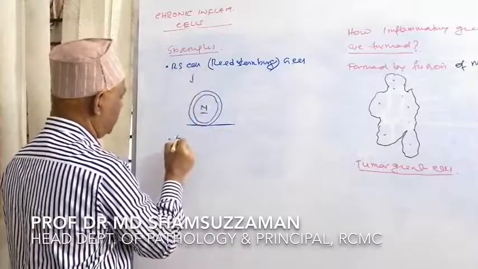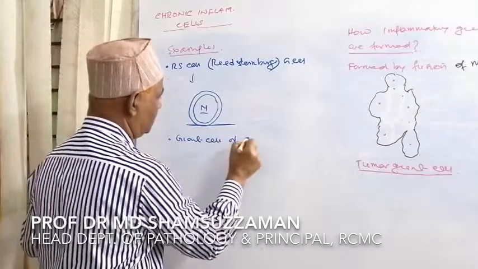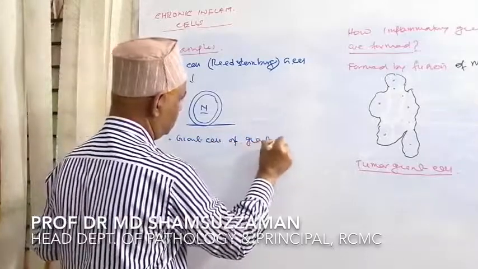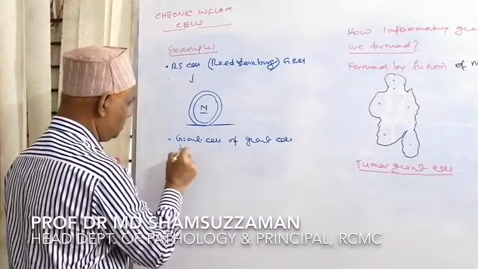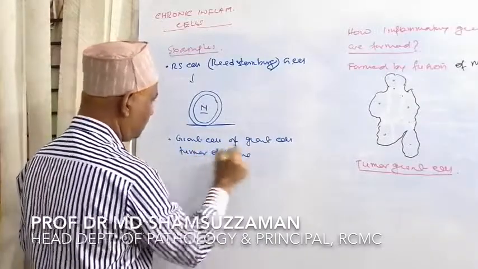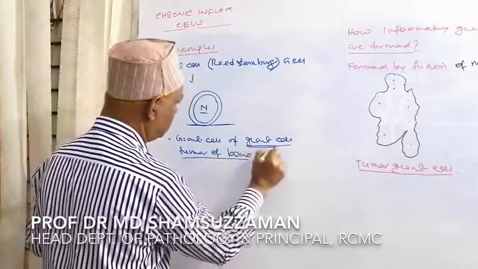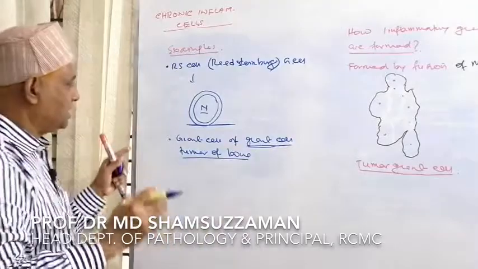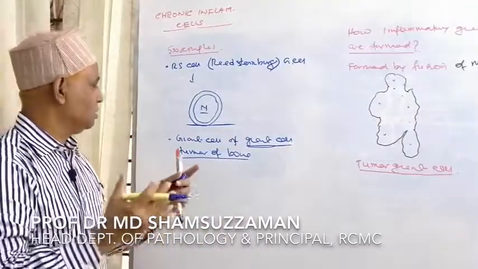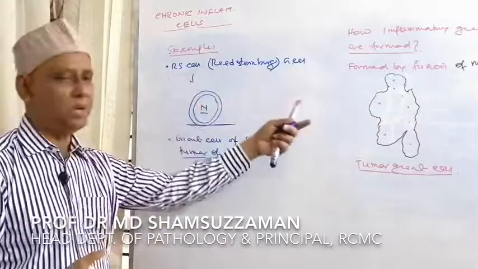Another is giant cell of giant cell tumor of bone. A tumor that occurs in bone is known as giant cell tumor. The giant cell tumor contains many giant cells. These are nothing but the tumor giant cells.